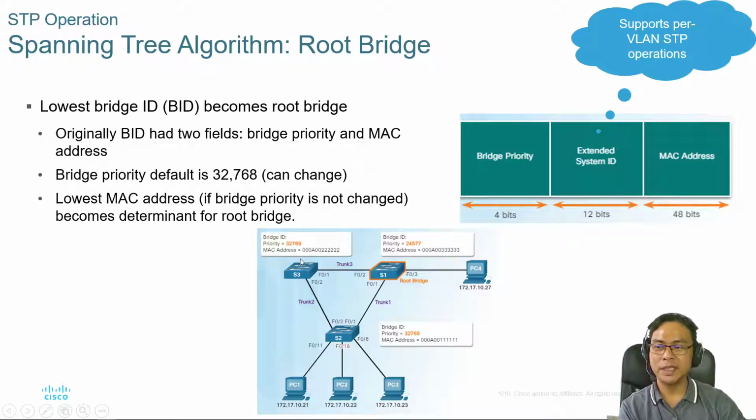So, basically, i-recognize ni S3 na mas mababa yung MAC address nito. And continue, papadala pa rin niya yung BPDU niya kay S1. But S1 will also ignore kasi nga mas mababa sa kanya.